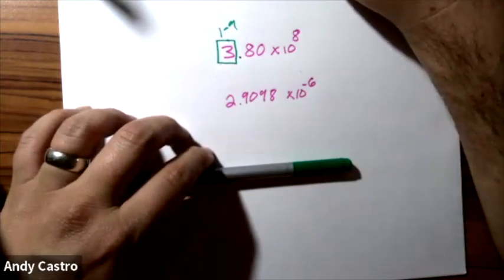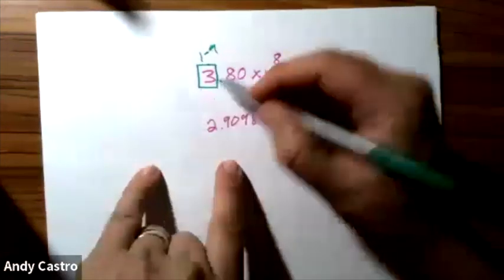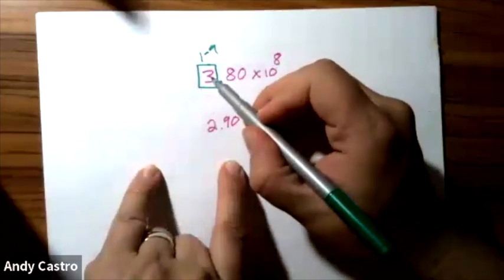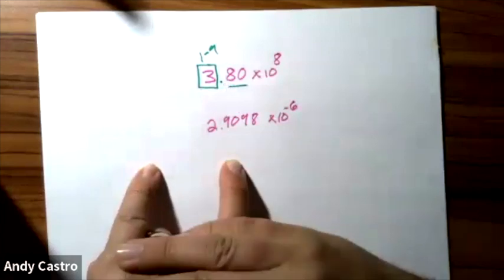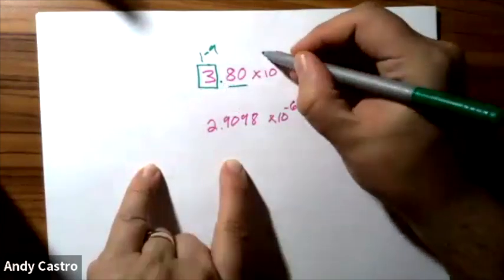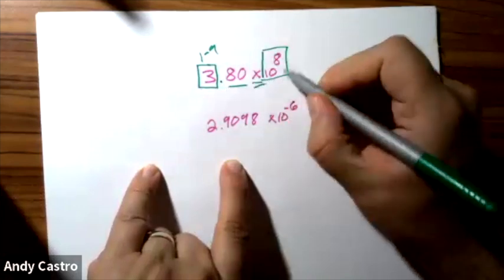Okay. So the first number has to be a number between 1 and 9. Then you have a decimal point. Then you have the rest of your numbers. Then we have this times 10 to a number.